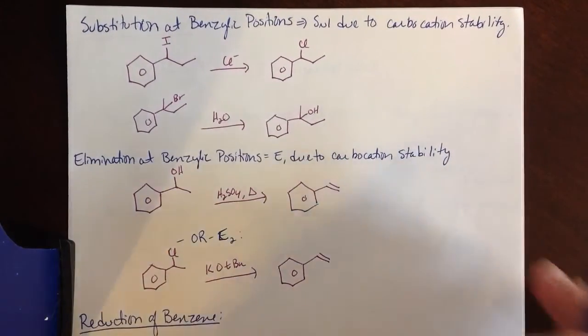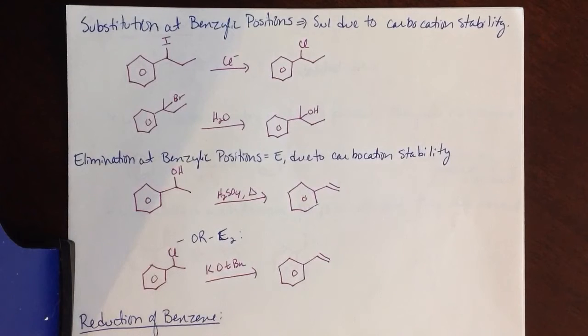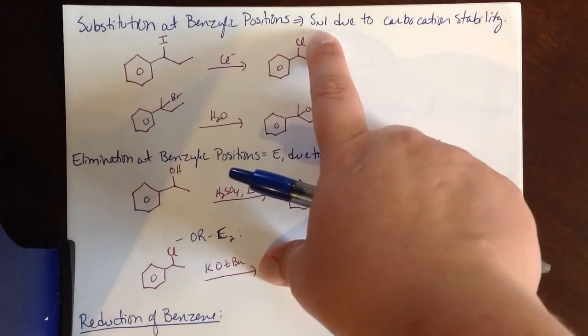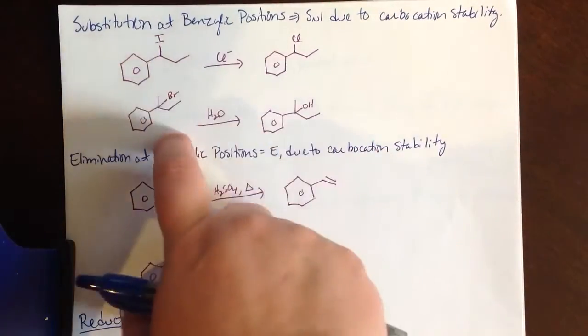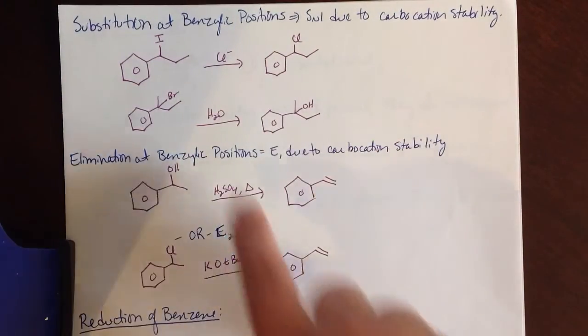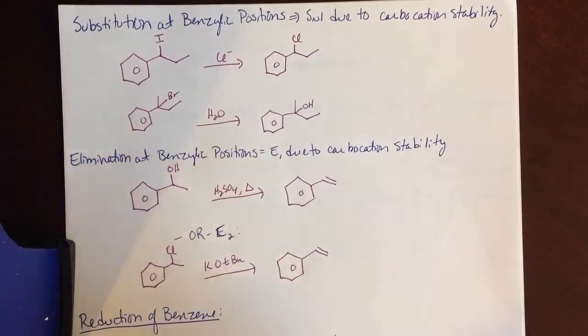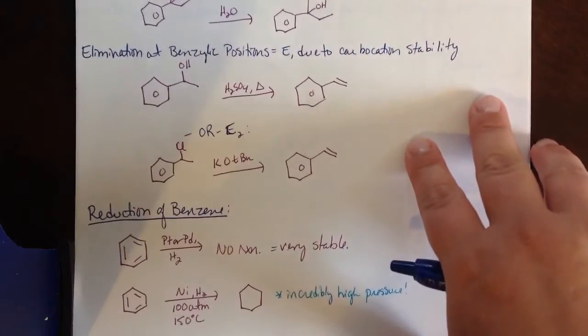So that leads us to thinking about what happens when other types of reactions happen at that benzylic position. That's why they're so easy to occur, because you can go through SN1 reactions really easily at the benzylic position. So here, these reactions will work all day long. You don't have to do much, just putting in water, and that should work without a problem.